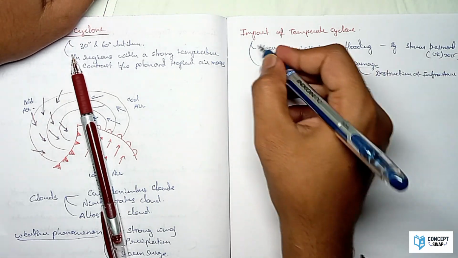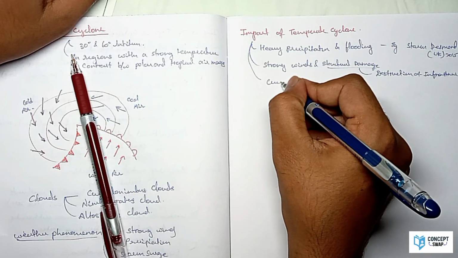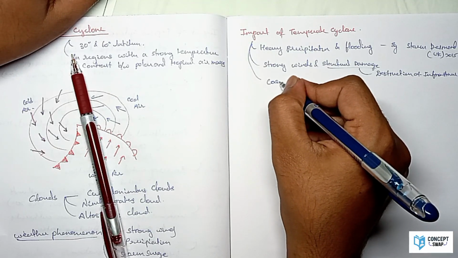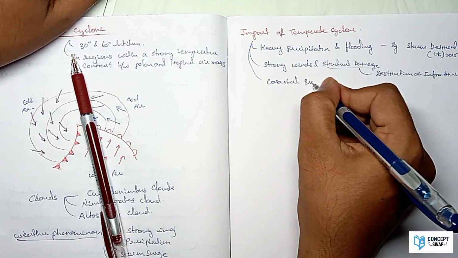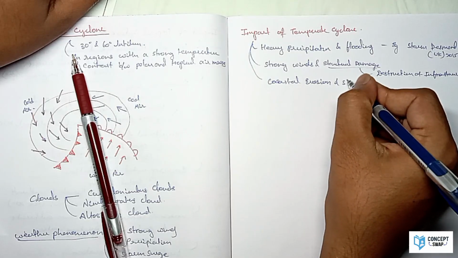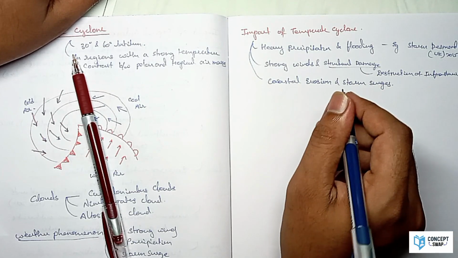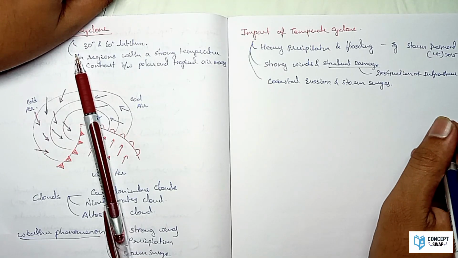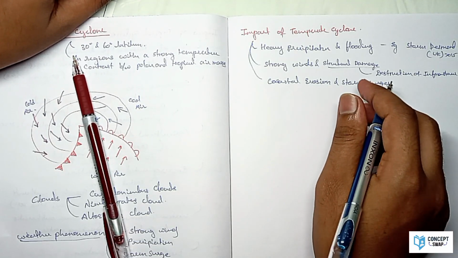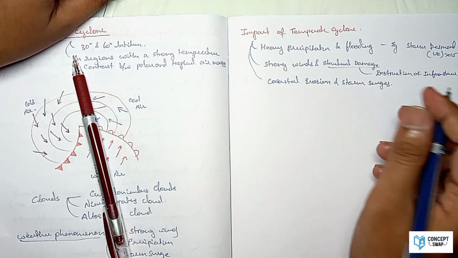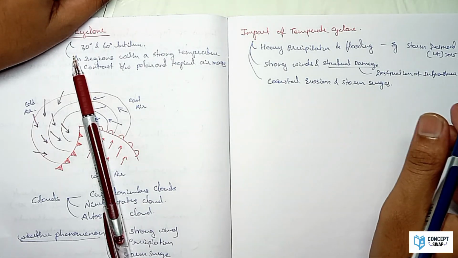Then coastal erosion and storm surges. While not as severe as a tropical cyclone, a temperate cyclone can still also lead to storm surges.